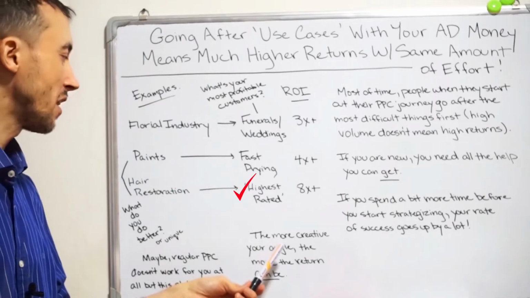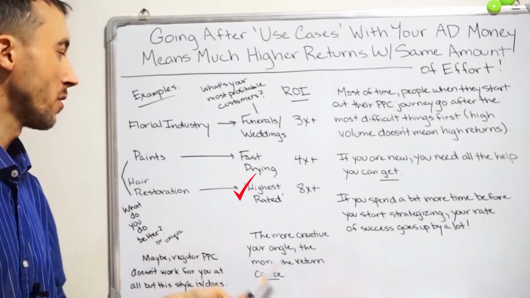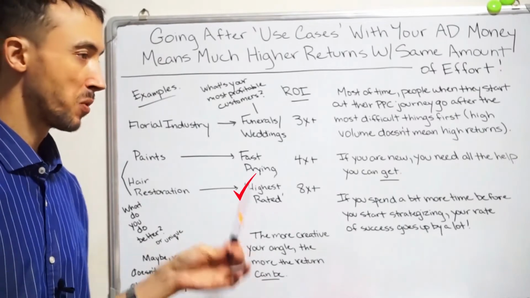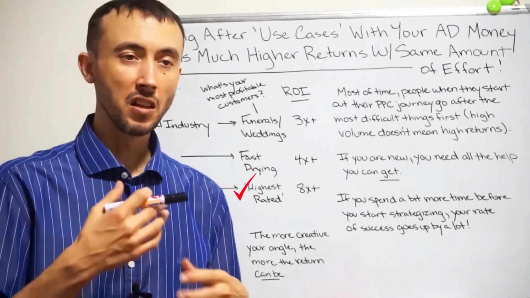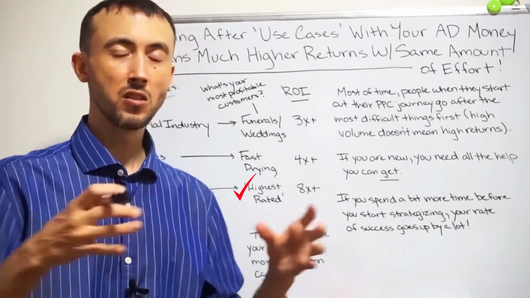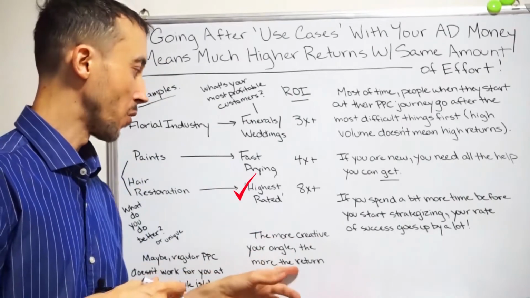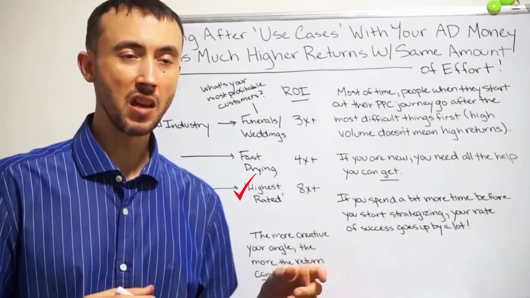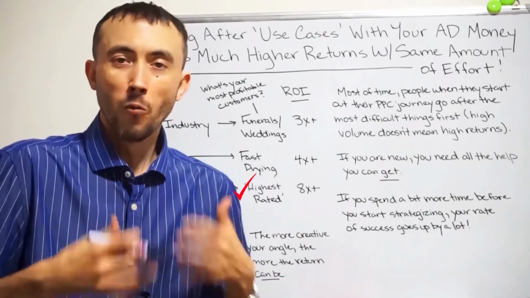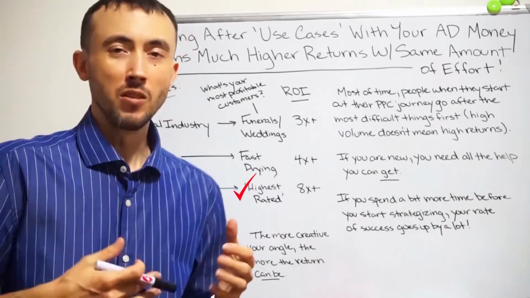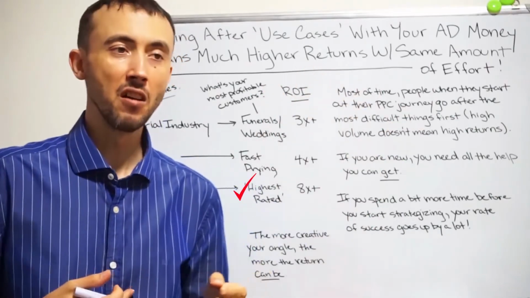The more creative your angle on what you're doing here, the more return that can be made. Specifically, I gave you the nuts and bolts of how to find audiences within audiences that are searching for what you have. Where the real creativity comes in is, how do I speak to the person so they really feel warm and fuzzy inside, when you don't just say cheap brake pads that we sell.